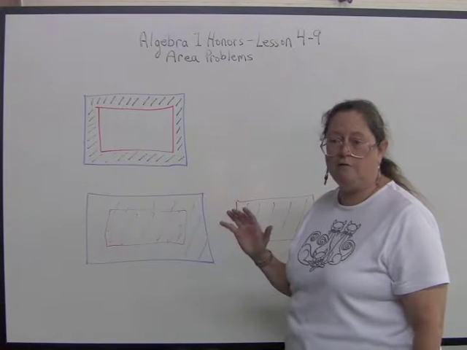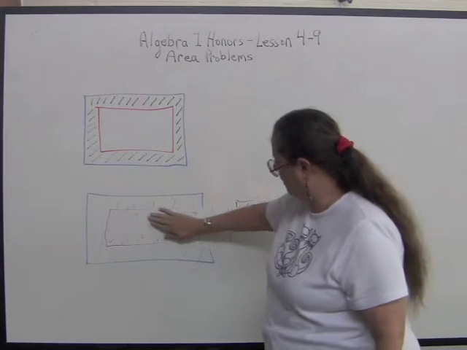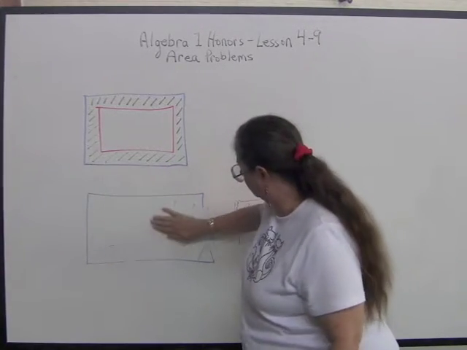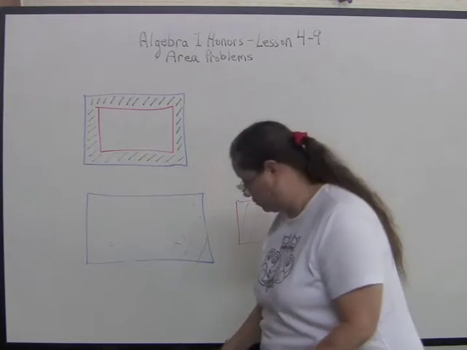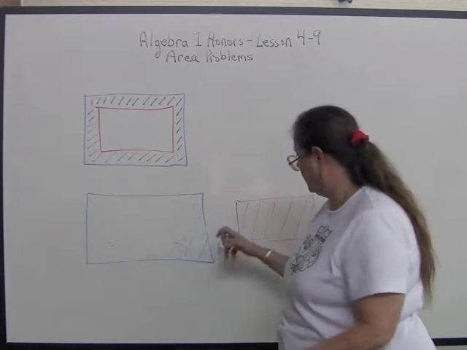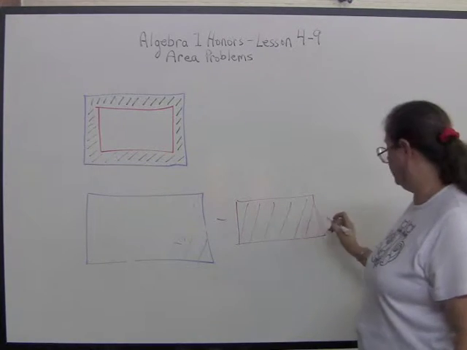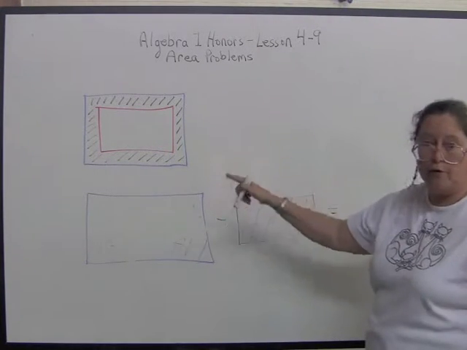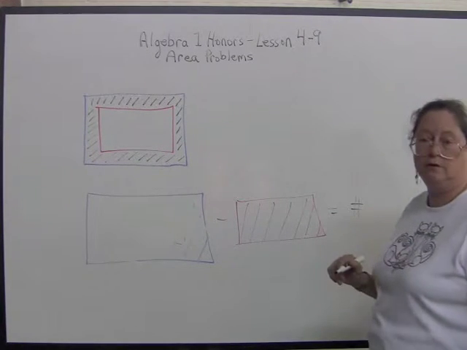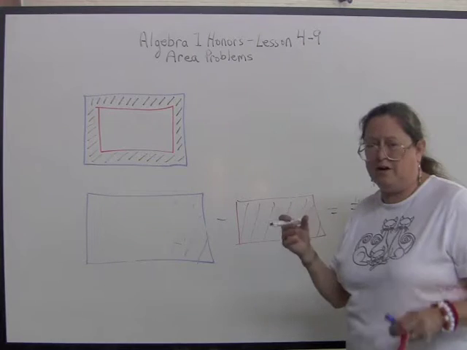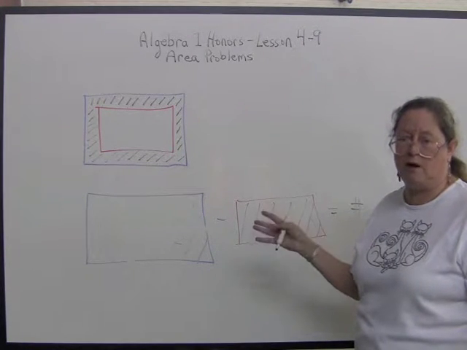So most of these problems are going to have something to do with taking the area of the large rectangle, and usually it's going to be subtracting the area of the smaller rectangle, and they'll give you what is left over, i.e. the border is what's going to be left over. They'll give you some number out here. Now there may be some variations on that, but that's sort of the general idea of these problems.